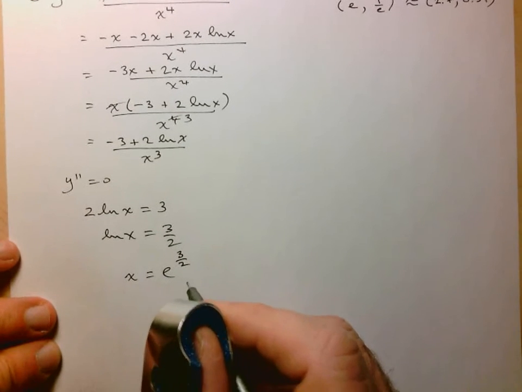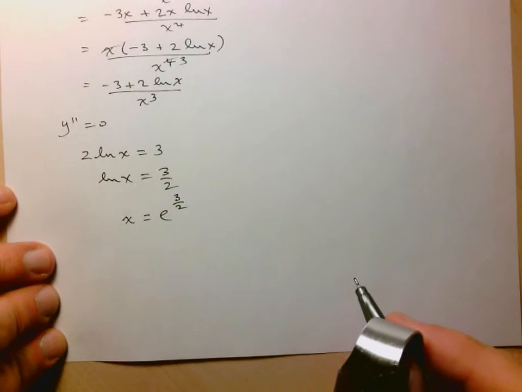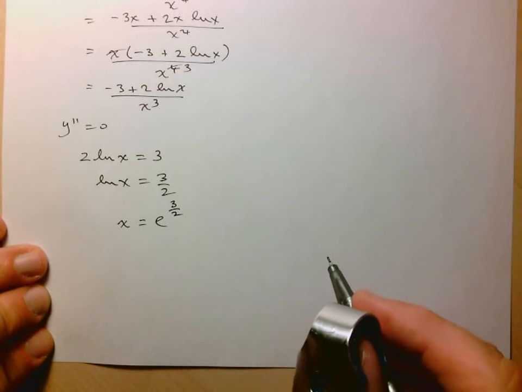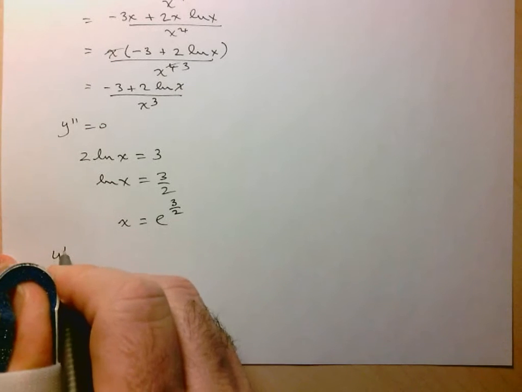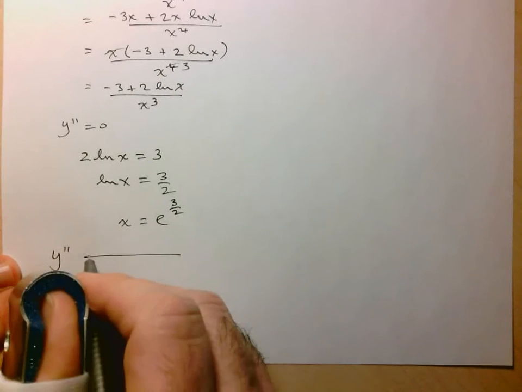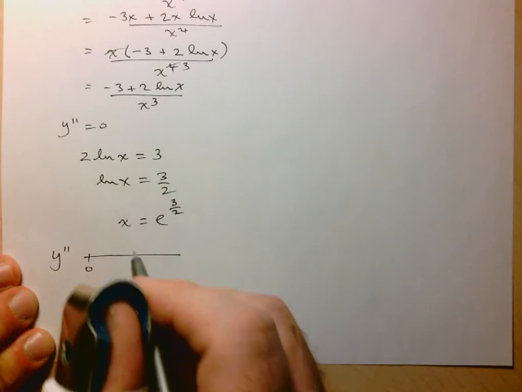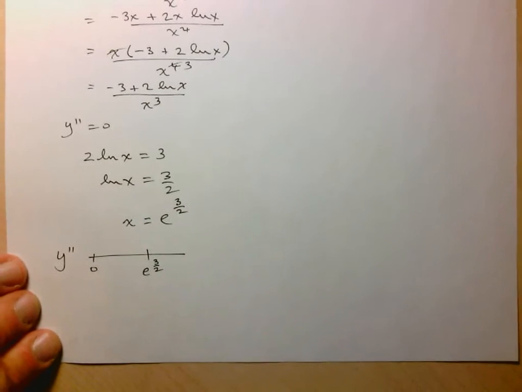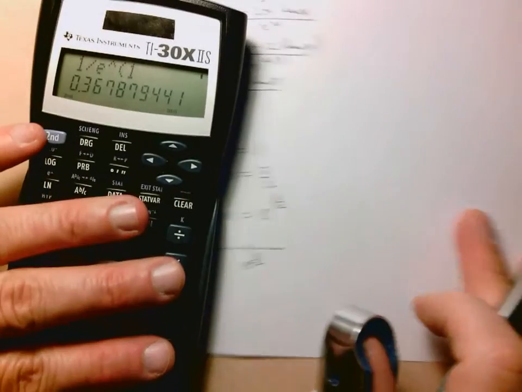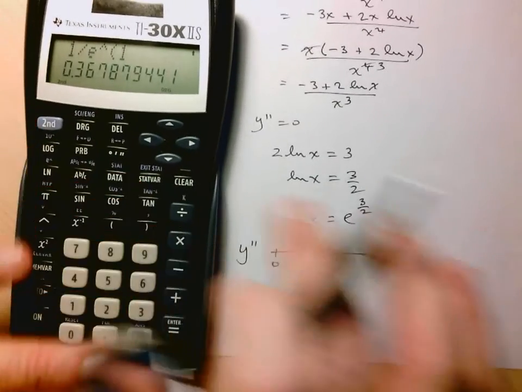Okay, so let's test the sign of the second derivative to see if this is indeed a point of inflection or not, if the concavity changes. Okay, so again, remember, we're only interested in x greater than 0, so e to the 3 over 2. And this is where I'll just approximate.